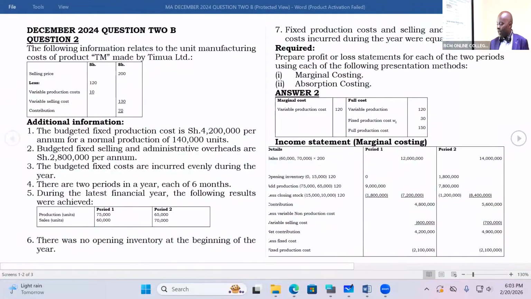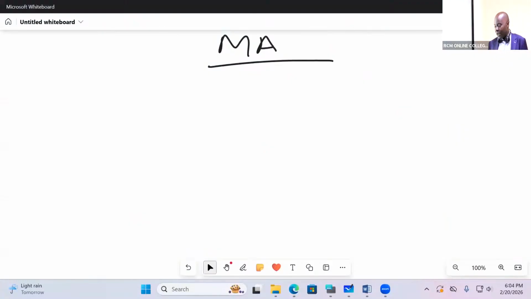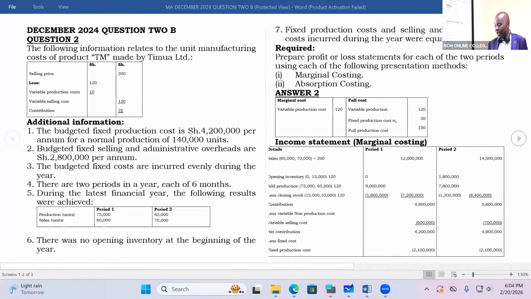So very fast, remember the very first thing before I start doing any P and L, marginal costing P and L or absorption costing P and L. First of all, I must come up with what we call the cost cards.